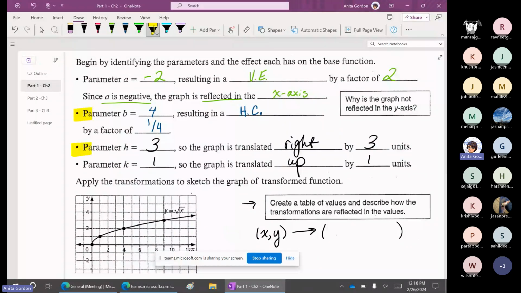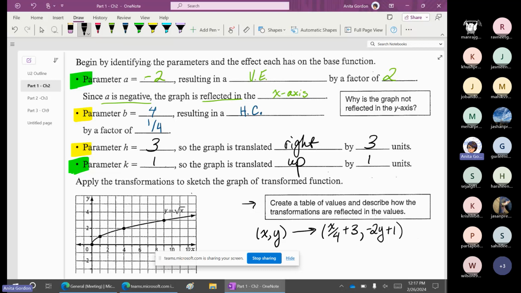I know that I'm getting compressed by 4, so x divided by 4, and moving to the right 3, so I'm adding 3. Then I look at the vertical components, a and k. I'm getting flipped and expanded by -2, so -2 times y, up 1.